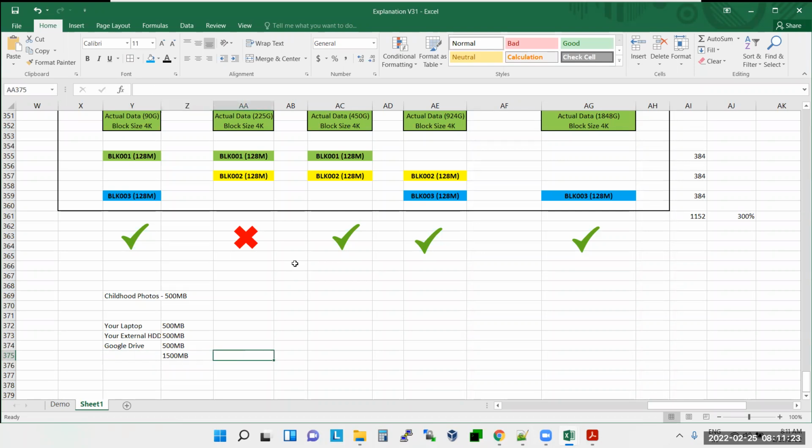You're not, because 1500 MB is not costly for me. 1500 MB means 1.5 GB of storage, and if I want it, I will get it for 100 rupees max.